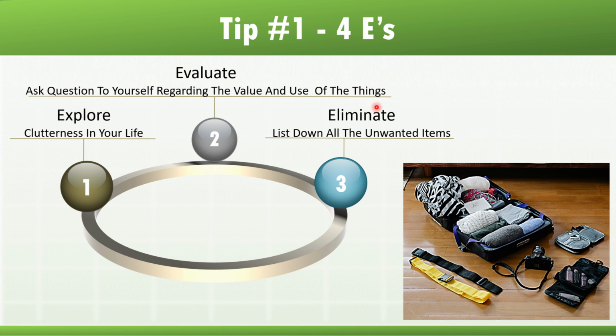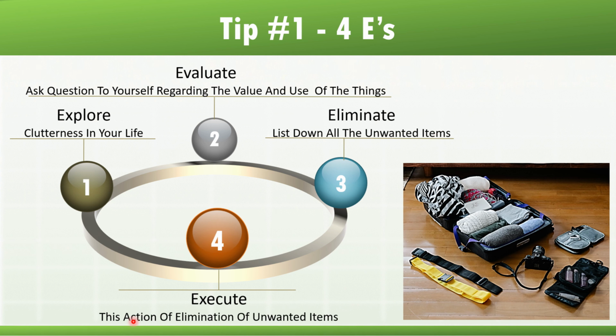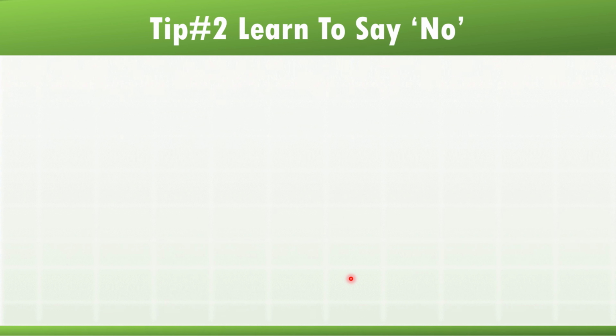And once you have evaluated, list down all these unwanted items to eliminate from your life. Once you have listed them down, then execute the elimination of the unwanted items. The 4 E's are very useful to clear our mind from clutter and be focused on our work.